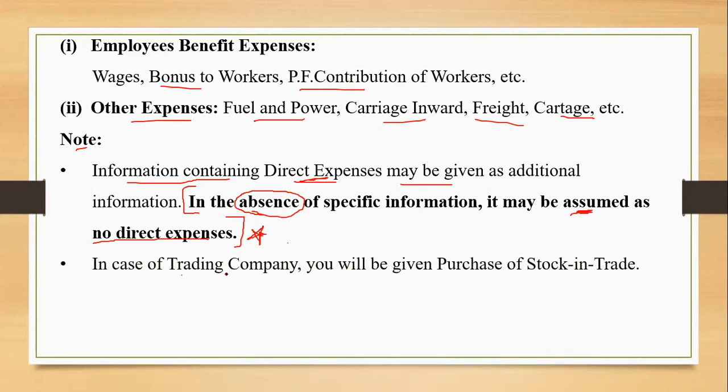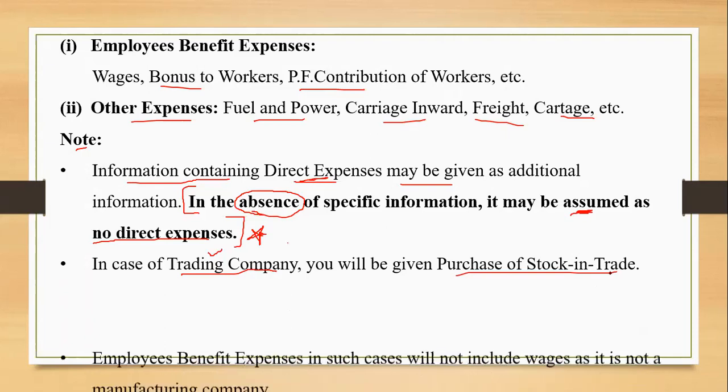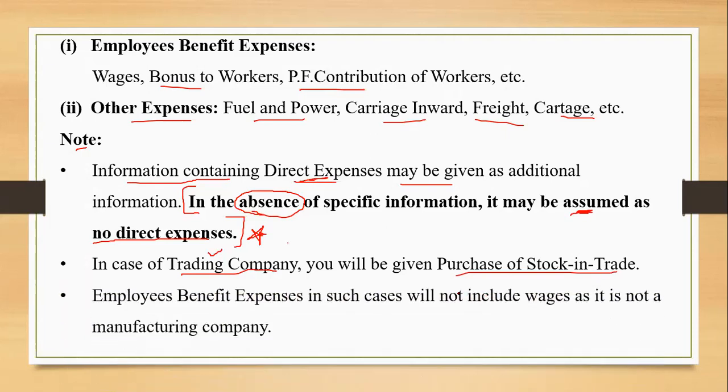In case of a trading company, we know manufacturing or trading company can be there. In case of a trading company, the P part of COGS, that is purchase of stock in trade, will be given. The employee benefit expenses in such cases will not include wages, because wages we pay to workers who work with us in the factory, right?